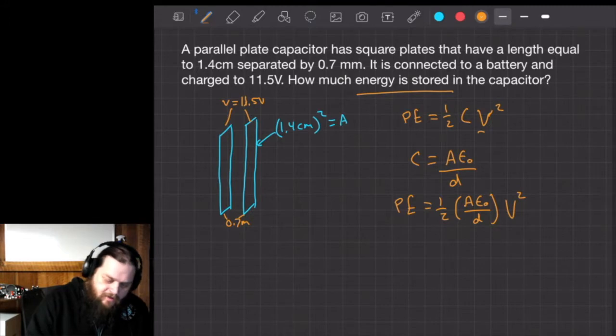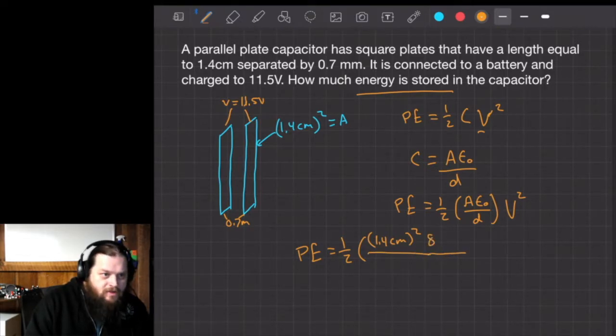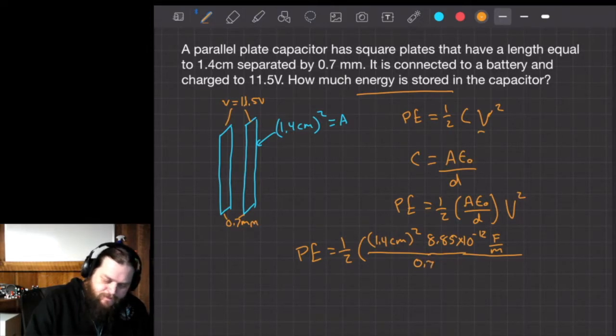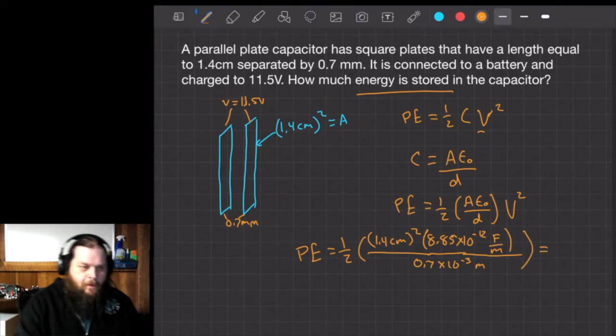So plugging in our values now, that's equal to 1/2 times the area, which is 1.4 centimeters squared, times epsilon naught, which is 8.85 times 10 to the negative 12 farads per meter. And then all divided by that distance, that 0.7 millimeters, times 10 to the negative 3 meters. Put some parentheses. And we can plug that into our calculator and see what we get.